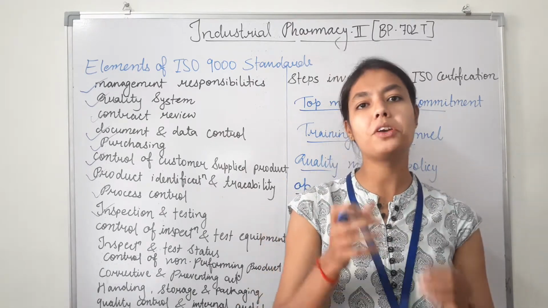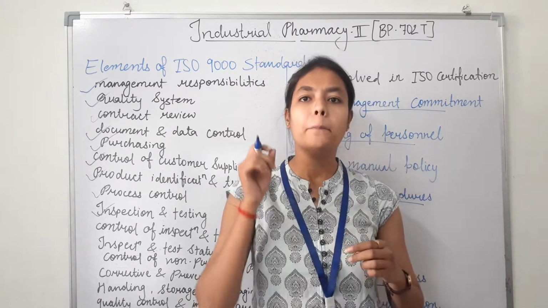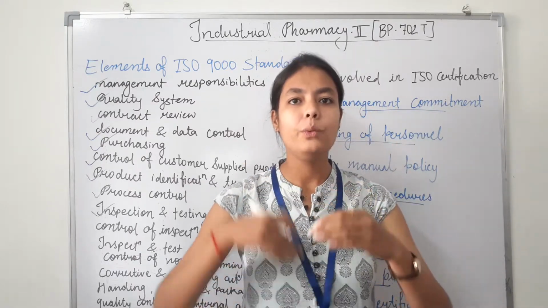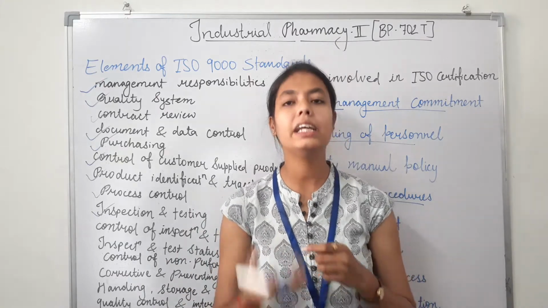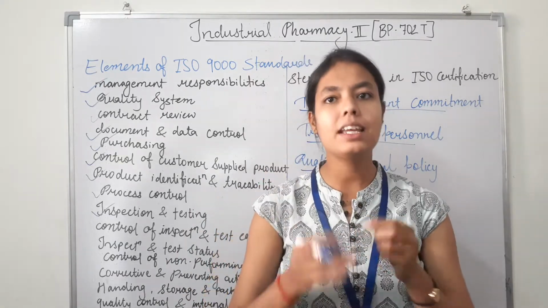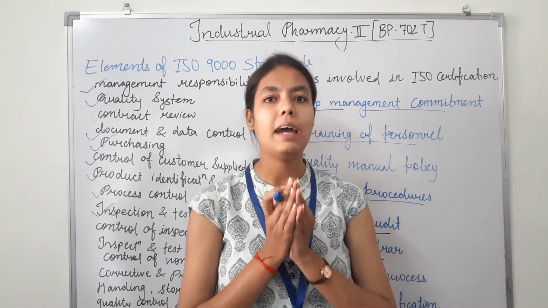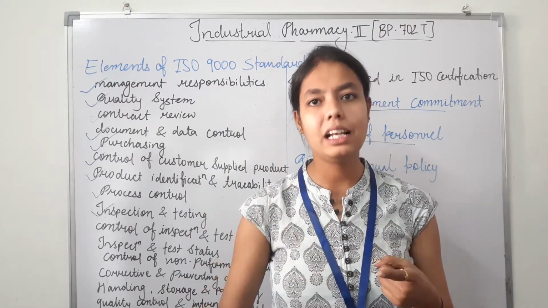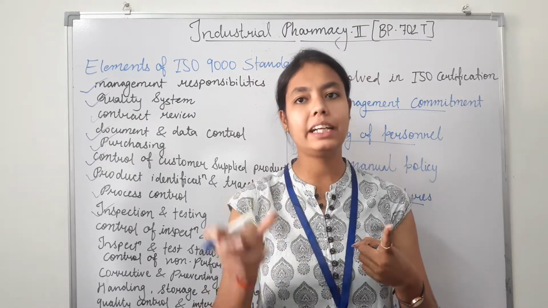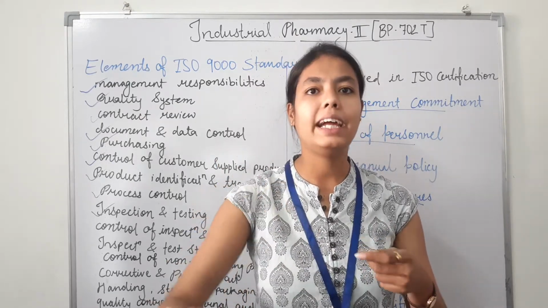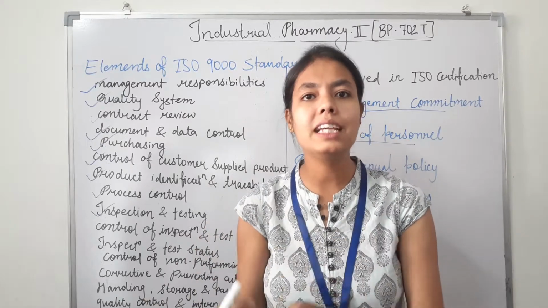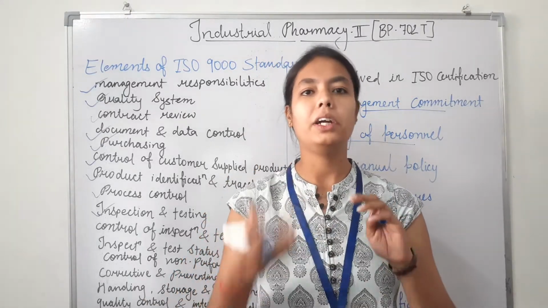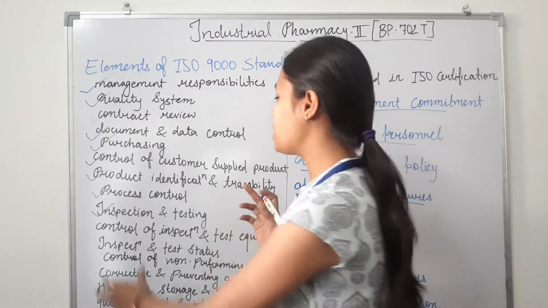The inspection of incoming material must be directed by a sampling plan which details the selection of material for inspection and testing from each received batch. The result must be documented, describing the material inspected, the number of rejects, the reason for the rejection and the corrective action taken. So this is about the inspection and testing.